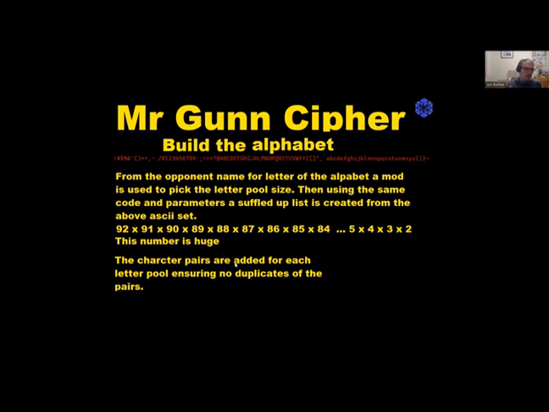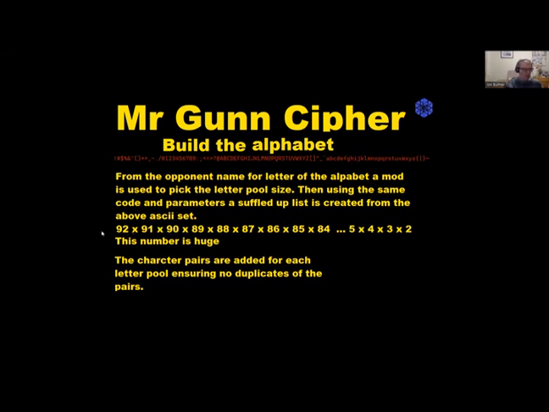So how do we build the alphabets? We've got the opponent's name from the alphabet, which is modded to pick up the pool size. This is from the team's data, and we go through each individual one which has been created from there, and then we create the numbers in the same sort of way.